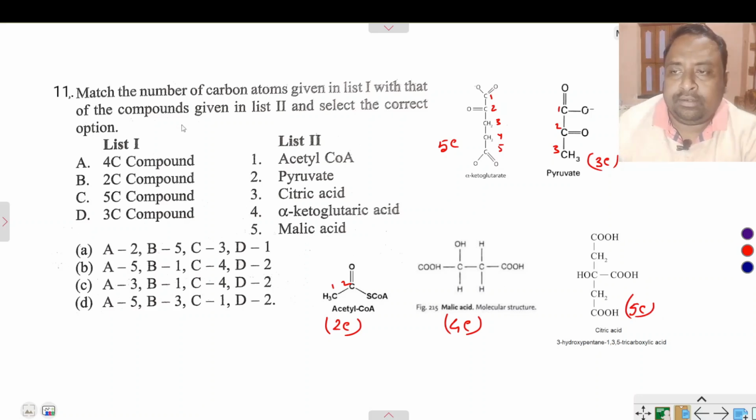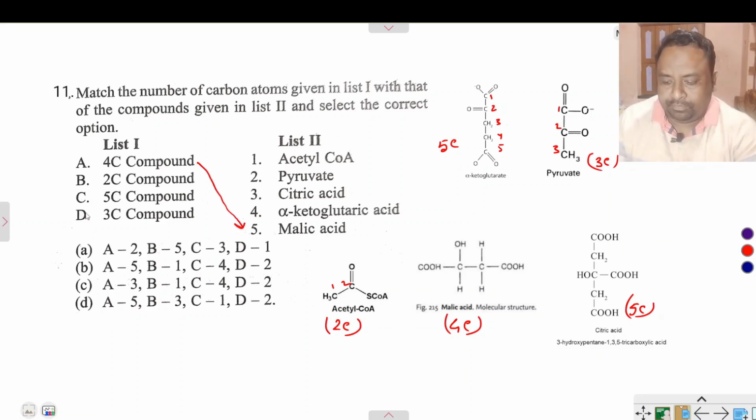So, here the 4 carbon compound is malic acid. 2 carbon compound is acetyl coenzyme A. The 5 carbon compound is alpha ketoglutarate.